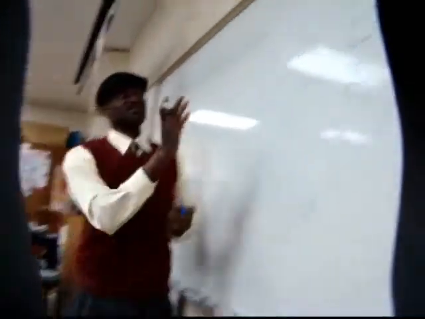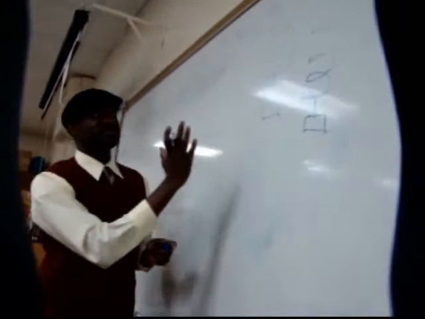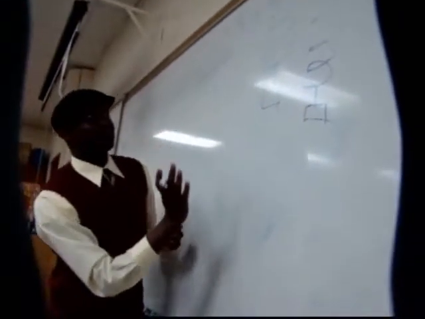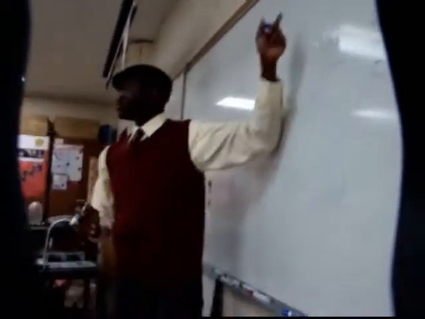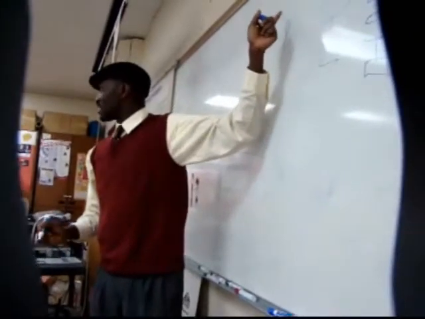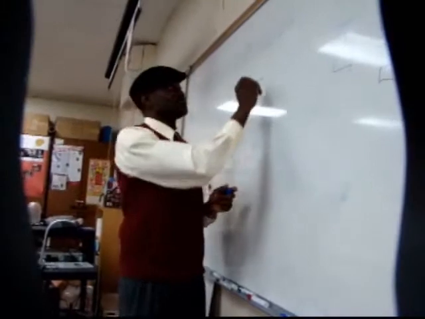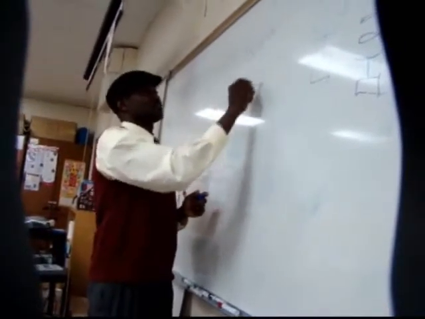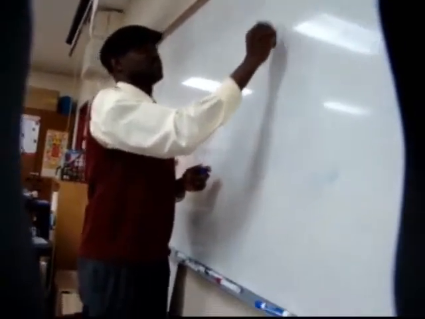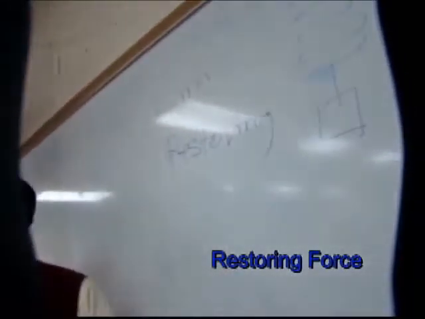But in this case, for a spring, there is a force that returns it back to its original position. And that force is called restoring force. Restoring force. It's just like to restore something, to bring it back.